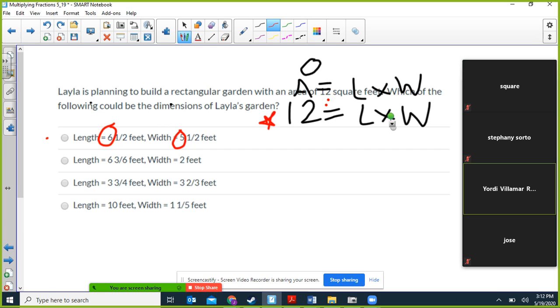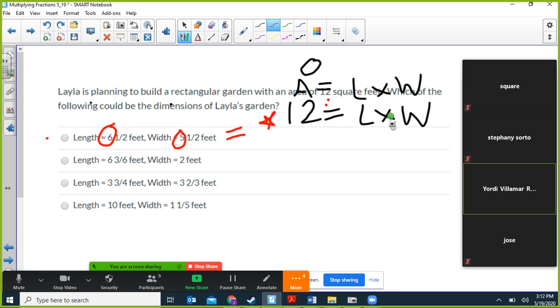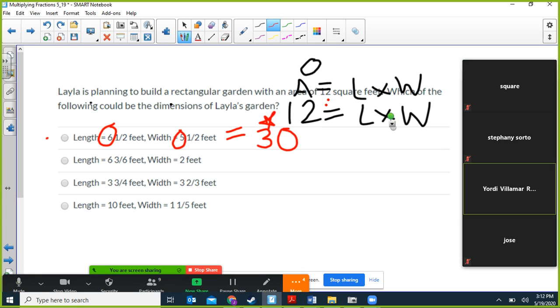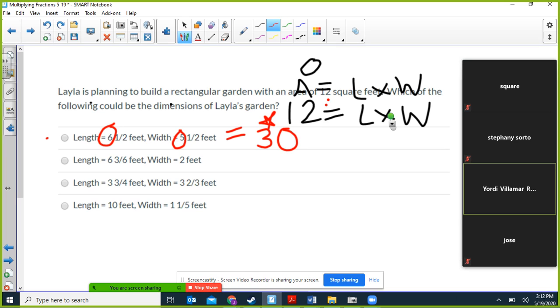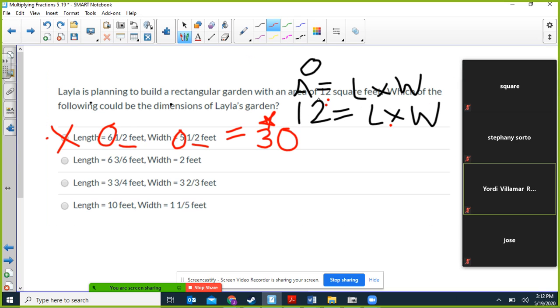So what's 6 times 5? We're going to have at least 30. We're actually going to have more than 30 because we still have to include that half a foot. So that can't be it because we know we need 12 feet because that's what our problem says.